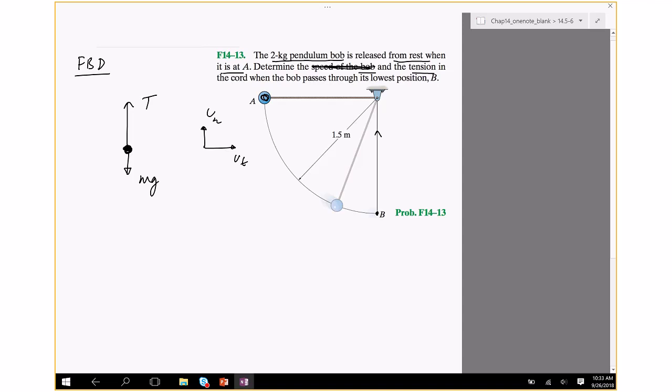So T plus, because it's acting in the un direction, minus mg equals m v squared. Let's call this instant 2. This is instant 1. v2 squared divided by the length, which is this.